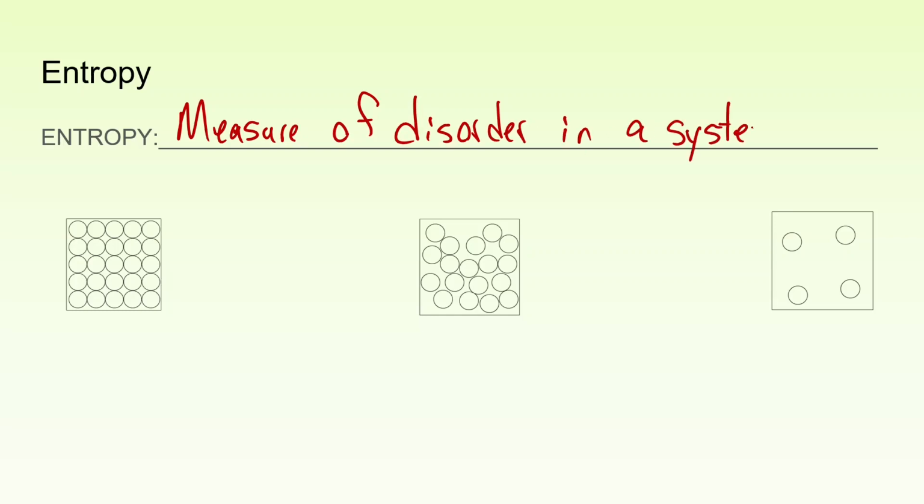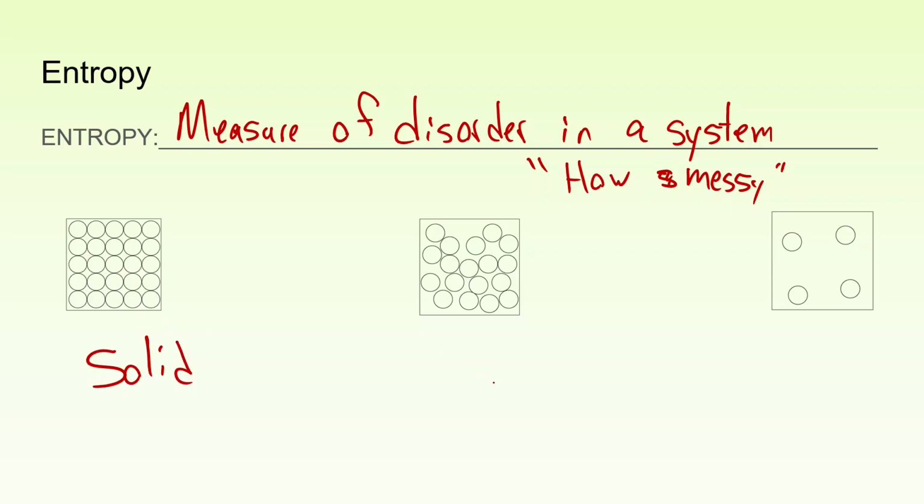What is entropy? Entropy is a measure of disorder in a system. It's basically, how messy is that stuff. So if we take a look, here we have a particle diagram for the solid state, where you can see it's pretty neatly organized.